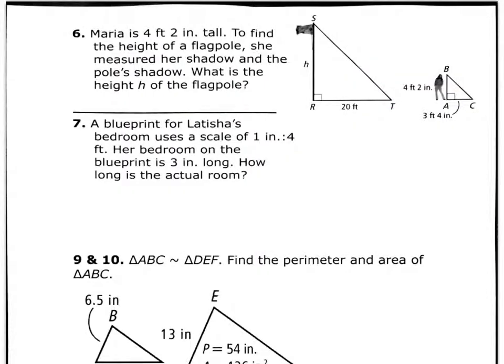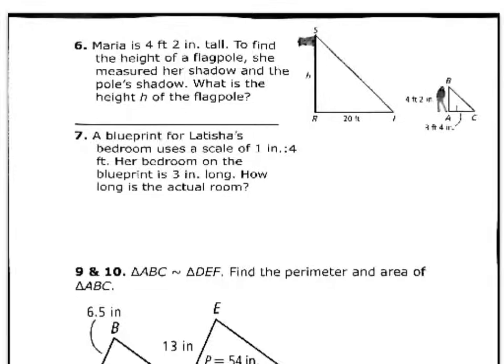Okay, so this is the second page, and for number 6, we got 25. The height is 25.05 feet. So you make sure you convert the measurement into feet. So it was 3 plus 4 out of 12, which is 3.33.